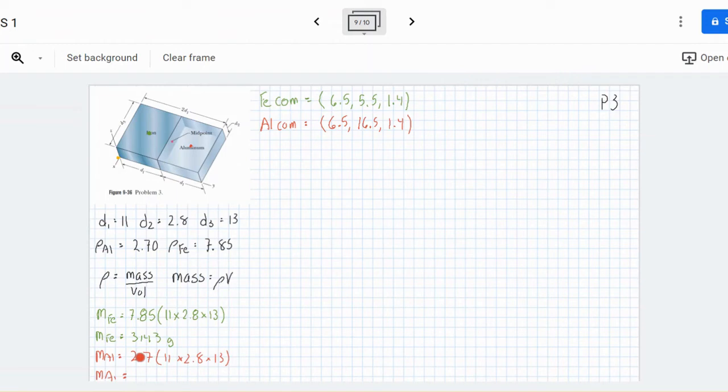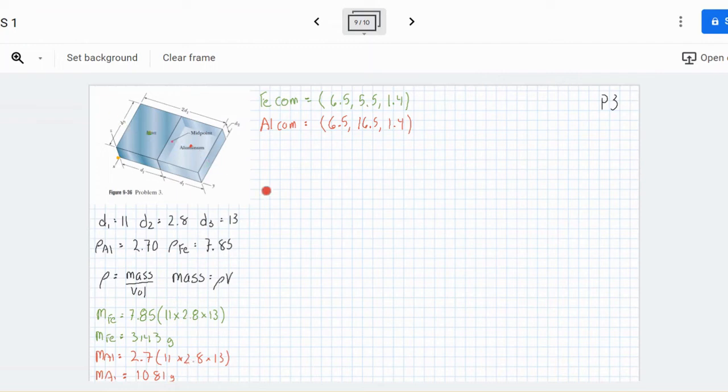Eleven times 2.8 times 13 times 2.7, 1081 grams. All right.